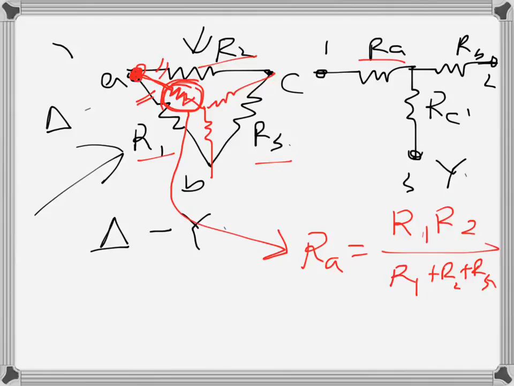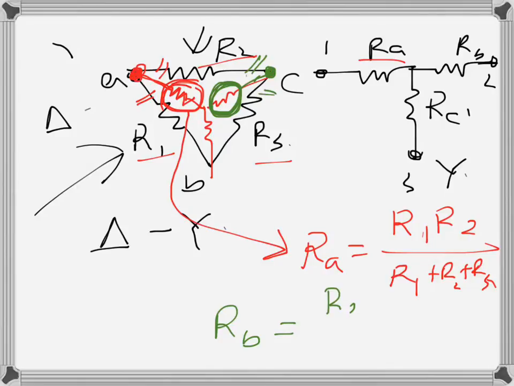Now if we want to write the formula for this one, let's call it RB maybe. We can see that this resistance is going to this node, and the two resistances in the delta connection which we are transforming into Y are R2 here and R3 here.